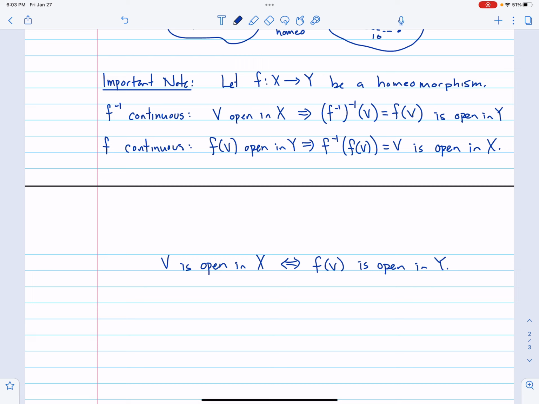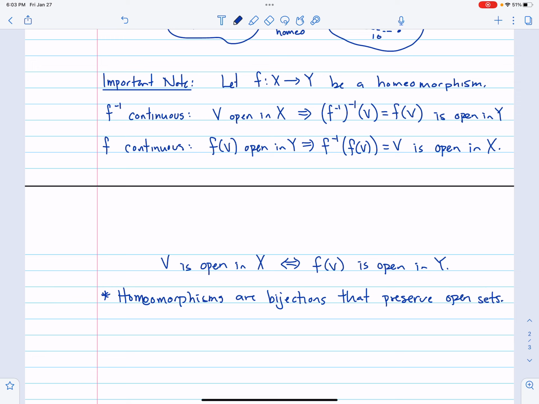All right? So this gives us a way to think of homeomorphisms as being bijections that preserve open sets.